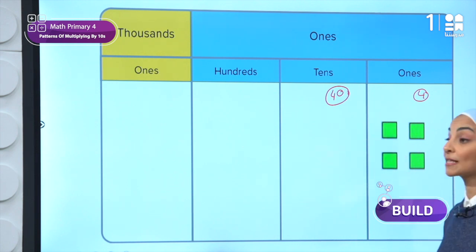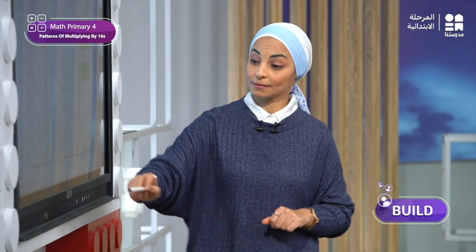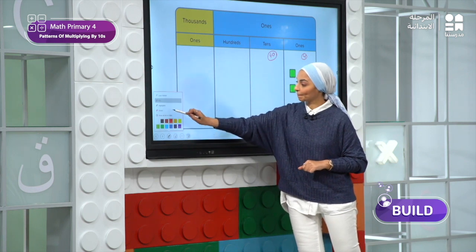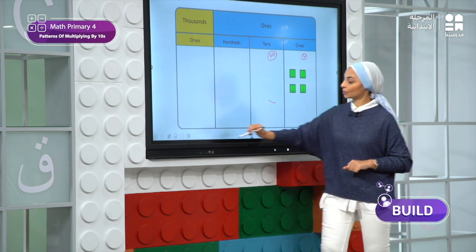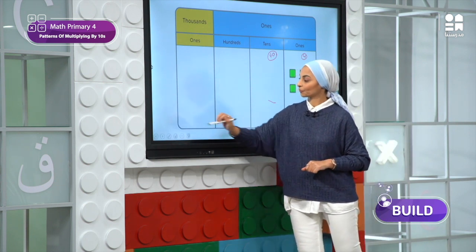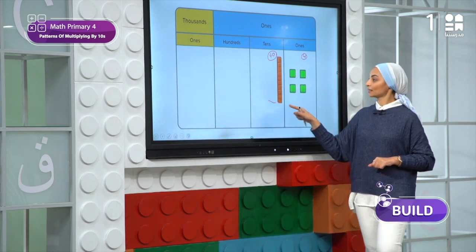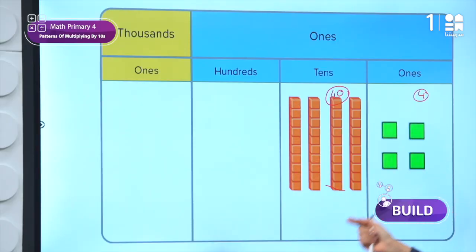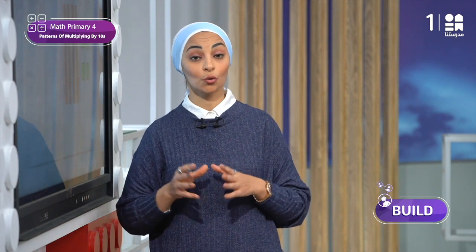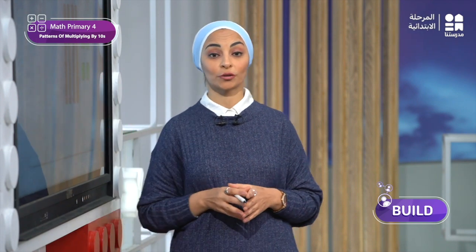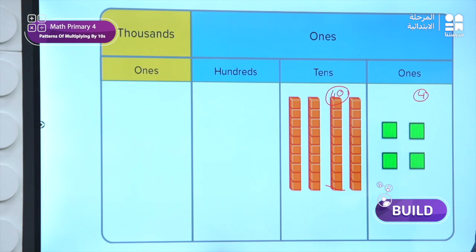Yes, it means I have 4 in the tens, like you see here. 1 ten, 2 tens, 3 tens, and 4 tens. So how many rods do I need to draw in the tens column? Yes, 4 rods. Let's move to problem number 3.